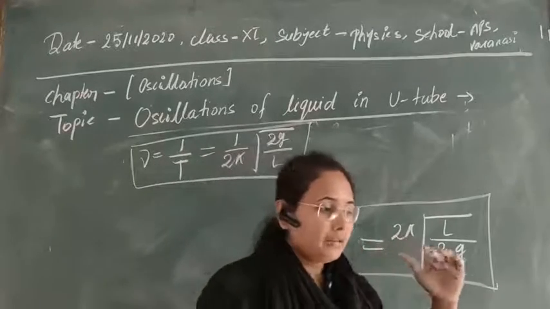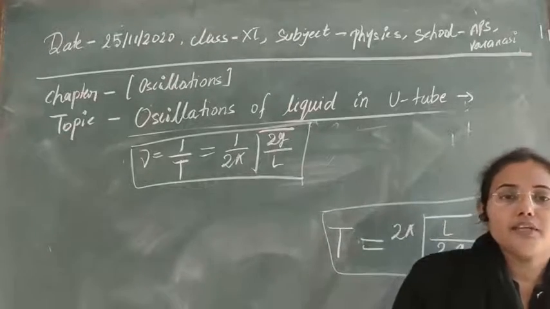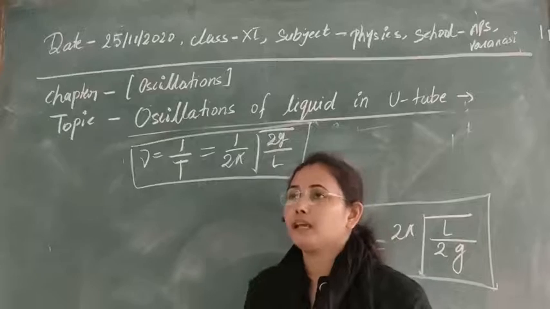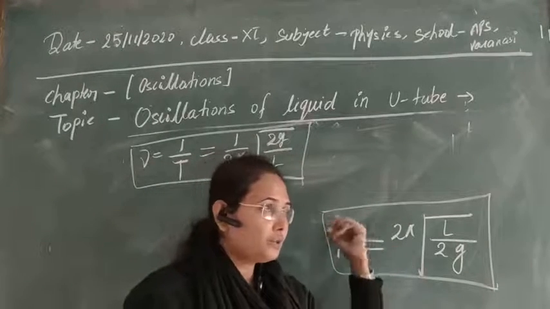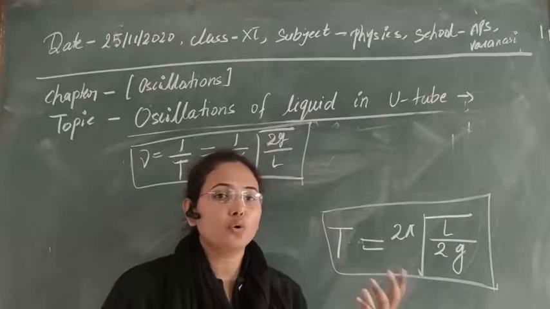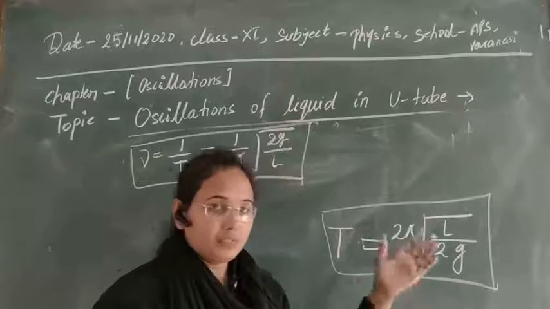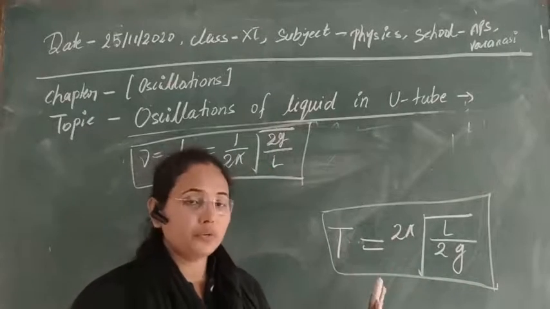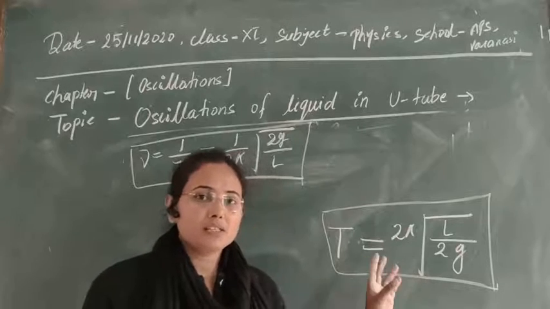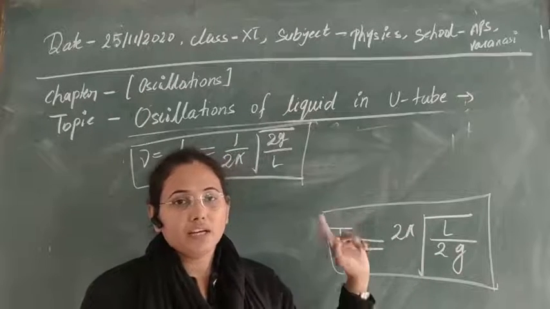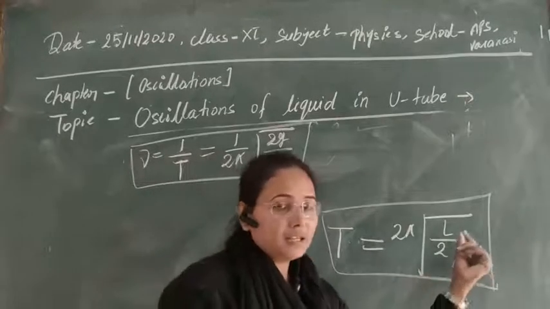Meaning at hills or in mines, if you take a U-tube filled with liquid of some density, then that liquid will oscillate slowly compared to how it oscillated at the surface. The same U-tube, with liquid column of the same length, will oscillate slowly if we go to a hill or into mines, because of the change in gravity.